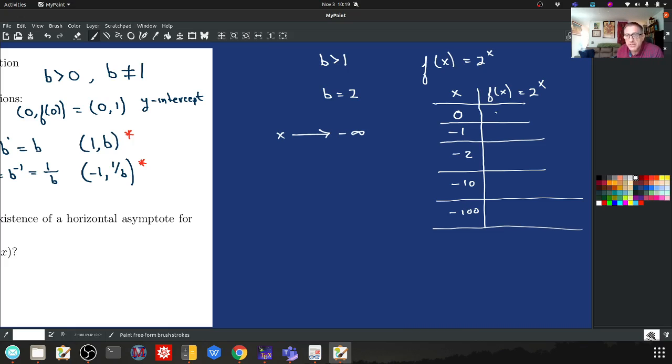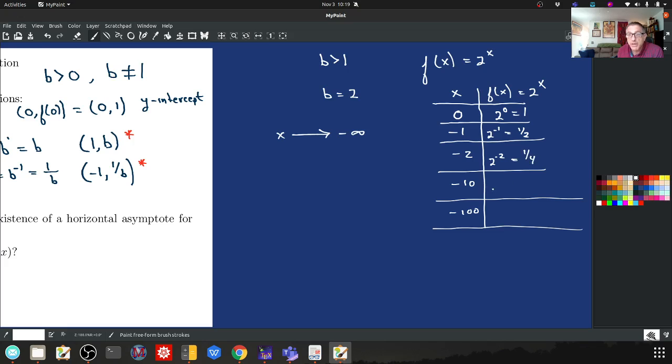So 2 to the 0th is equal to 1. 2 to the -1 is 1/2. 2 to the -2 is 1/4.